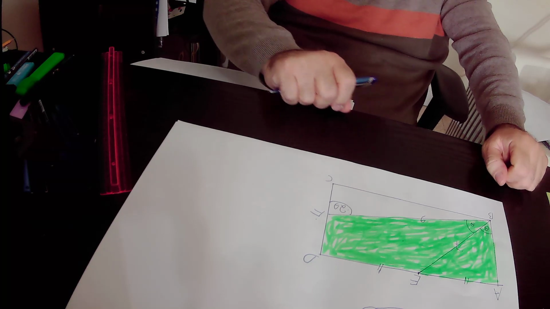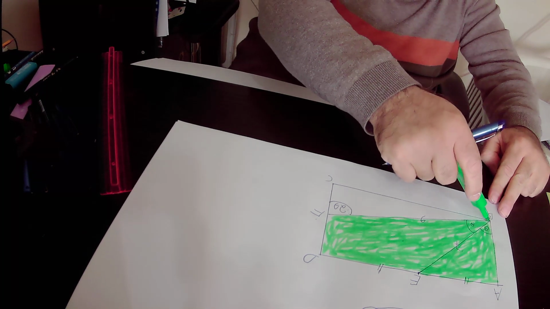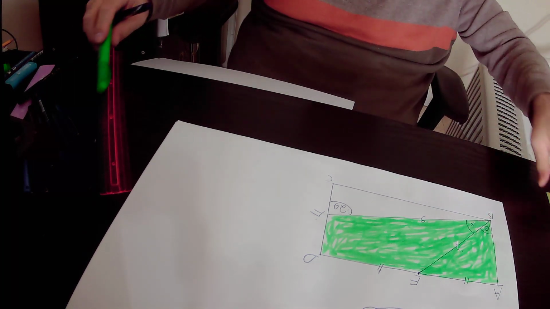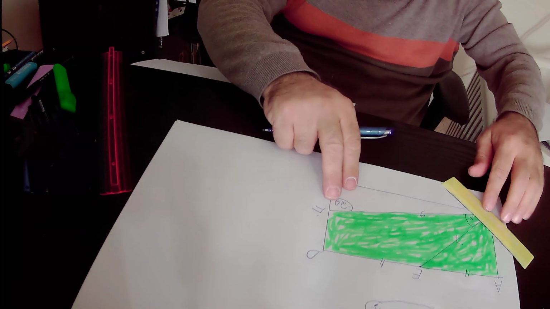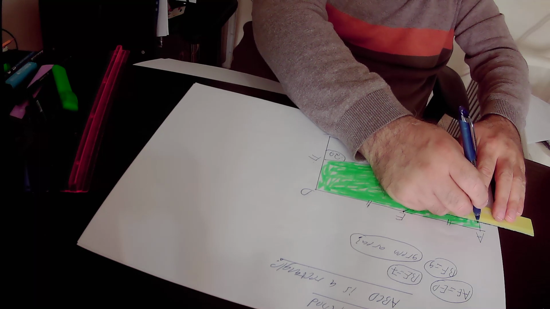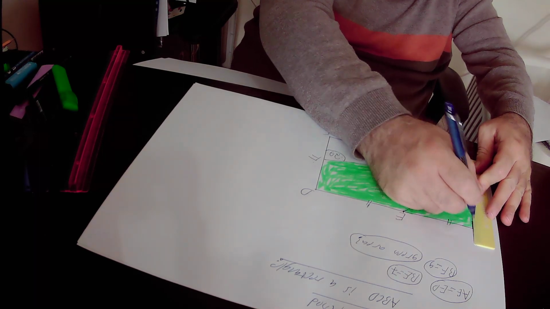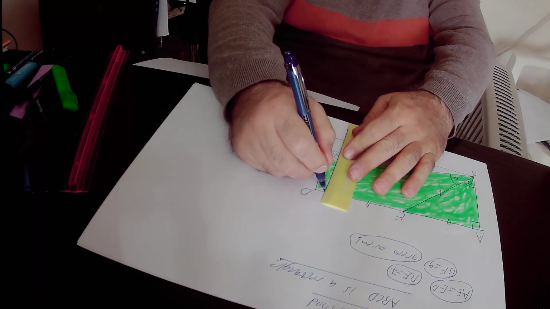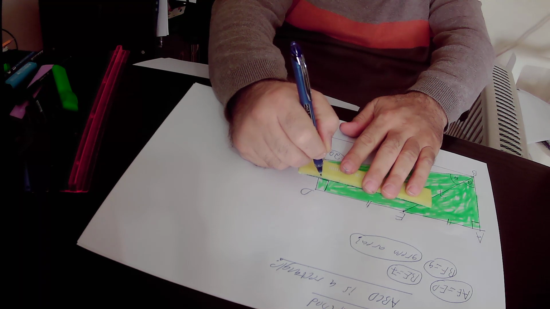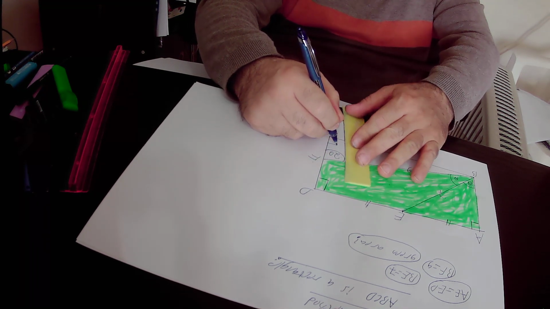And we also know that all the angles inside the rectangle are right angles, therefore this angle will be equal to 90 degrees. This angle will also be equal to 90 degrees, and this angle is also a right angle, it equals 90 degrees.